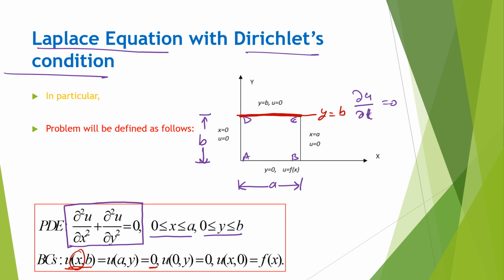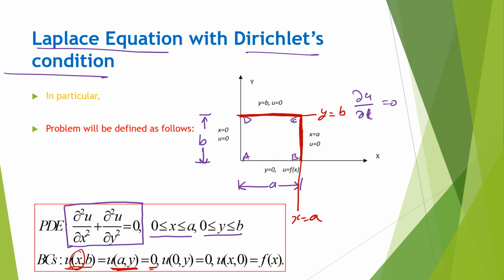Now the second condition is u(a, y) is 0. That means the line where x is a is this edge. So at this edge the temperature is 0, because this line is represented by x equal to a.